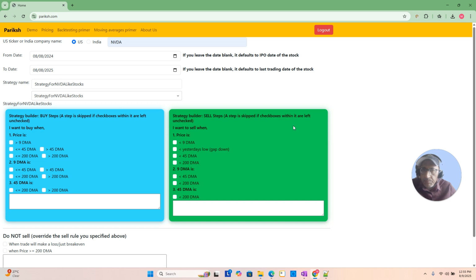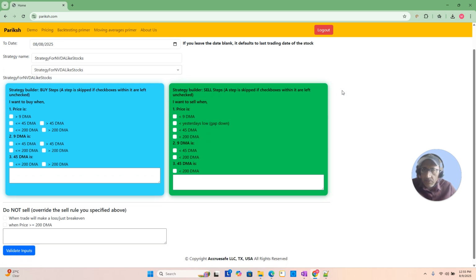So you see these two boxes have become enabled. This box is the buy steps, and here the sell steps. What we're going to do here is define the buy and sell rule, and then also provide an override rule for the sell step, and then validate it, followed by the actual backtesting.